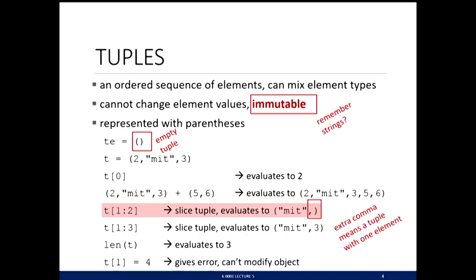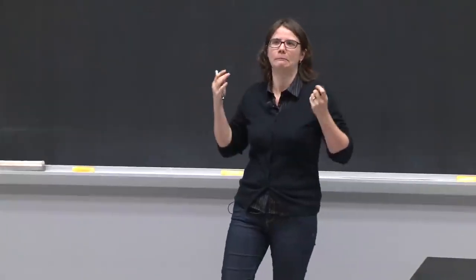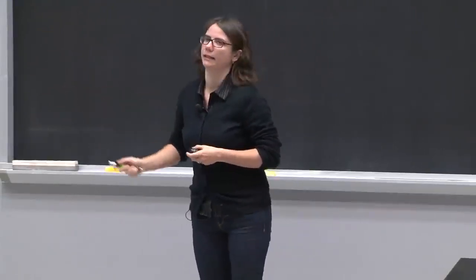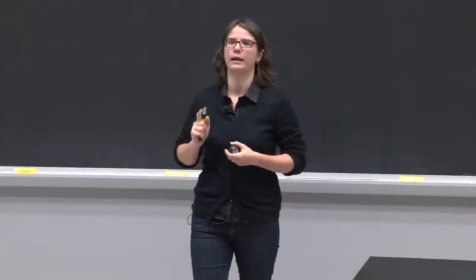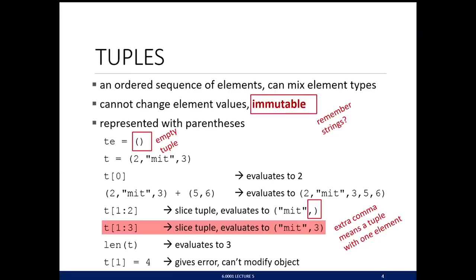Okay? If I didn't have this comma here, then this would just be a string. The parentheses wouldn't really make any difference. But the comma here makes it clear to Python that this is a tuple with only one element in it. We can slice even further to get a tuple with 2 elements.